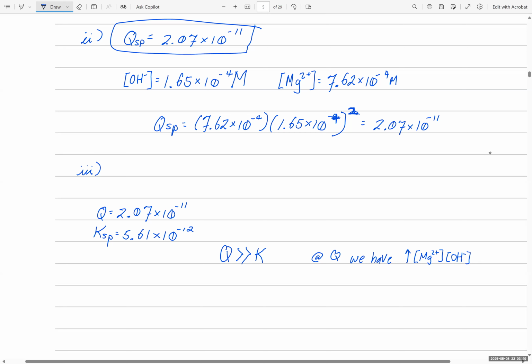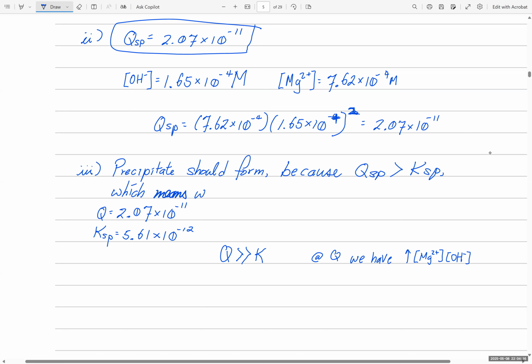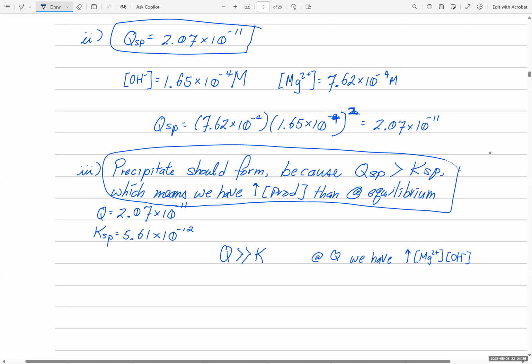So the answer would be: precipitate should form because QSP is greater than KSP, which means we have greater concentration of our products than at equilibrium. Okay, and that's our answer.